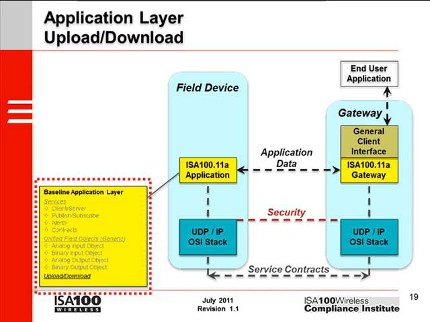WCI has developed some extensions, and these extensions are targeted at the process industry. Remember that the extensions don't change anything in the ISA100.11a standard, and they do provide additional capabilities to improve the user experience. Maybe you can take a couple minutes, Jay, and talk about some of these extensions.